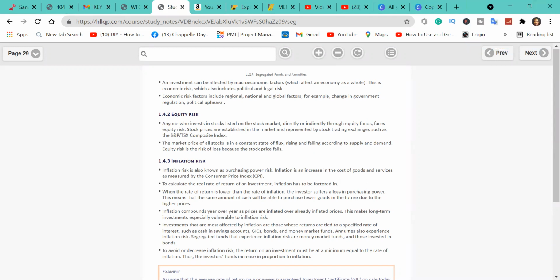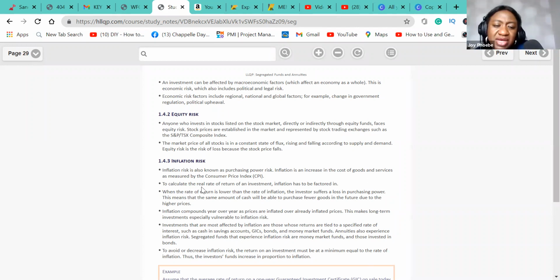Yeah. And also inflation risk. Inflation risk is also known as purchasing power risk. So inflation risk can eat deep into somebody's money. That is, you find out that due to inflation, your $10,000 might become $8,000, right?